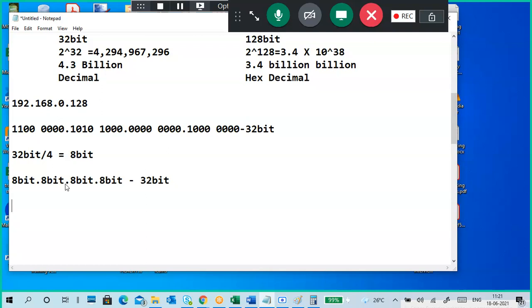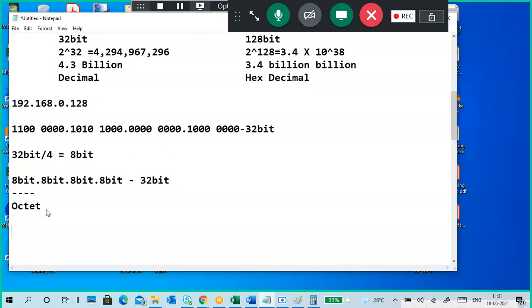Because each part is 8 bits, we call each part an octet. What is octal? It means an 8-system, 0 to 7, 8 digits. Because it contains 8 bits, we call this an octet.